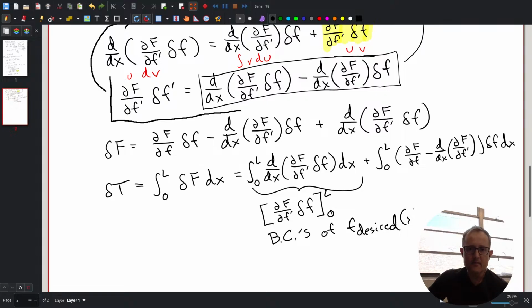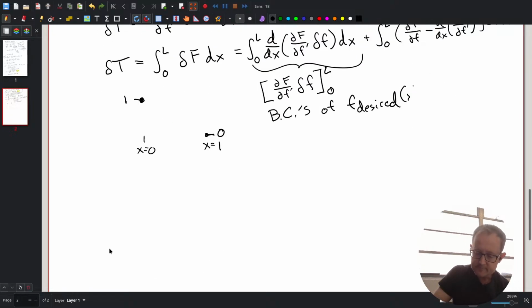That's what we have in our case, because what we said was when x equals 0, this point has to be 1, and when x equals 1, this has to be 0. So the delta f here in both cases is 0, so really this is saying 0 minus 0. Now we're getting a little closer because delta t doesn't depend on these boundary conditions anymore. Those are satisfied.